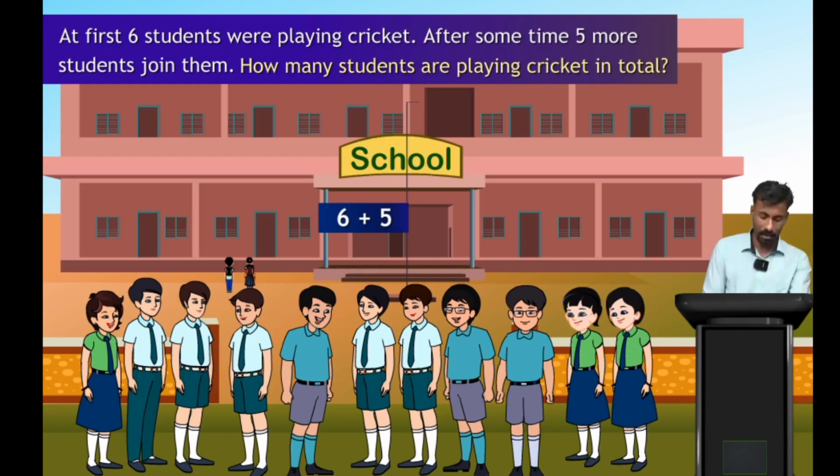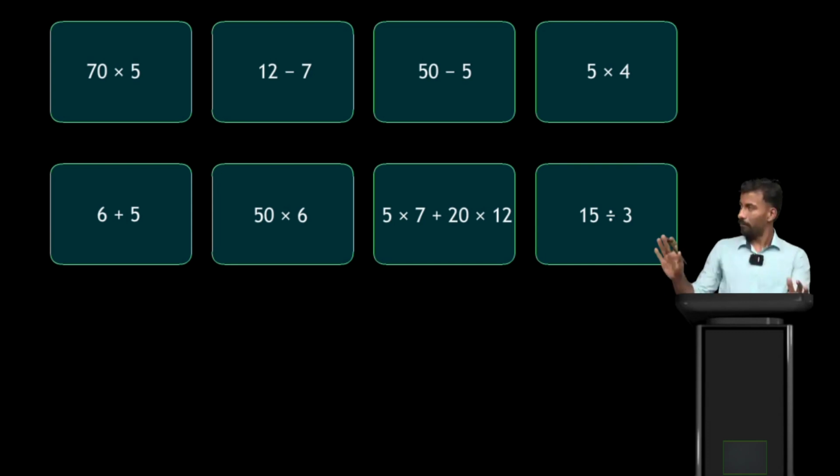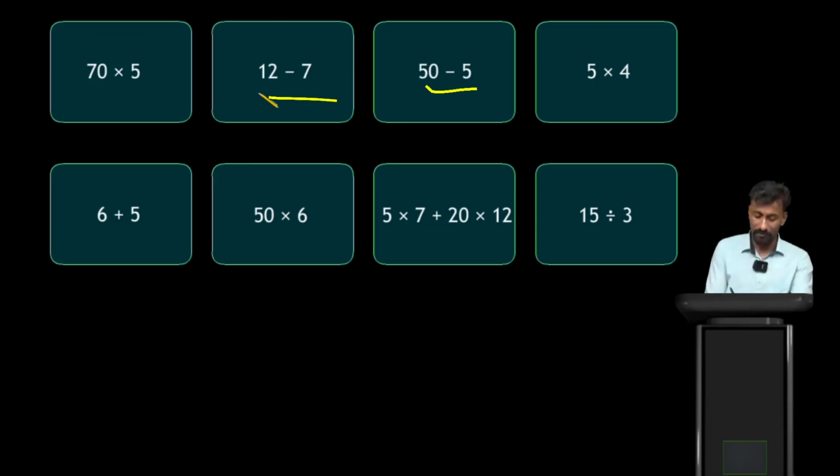So previously we have a total of 6 students, and then we have 5 students additional. So we just add both the numbers, 6 plus 5. So the total number of students will be 6 plus 5. Simple. I hope all of you understand. So suppose any random operations are done, 70 multiplied by 5, then 12 minus 7, then 50 minus 5, then 5 multiplied by 4, like that, 6 plus 5, and the last expression we know, 50 multiplied by 6.